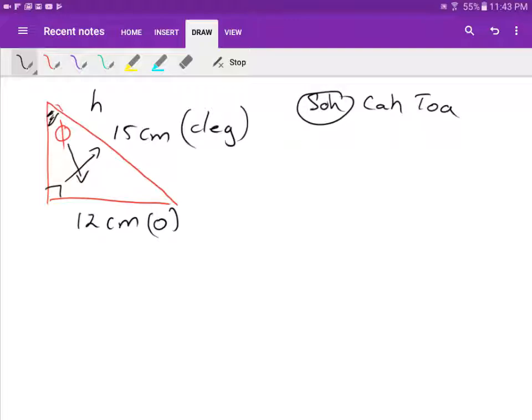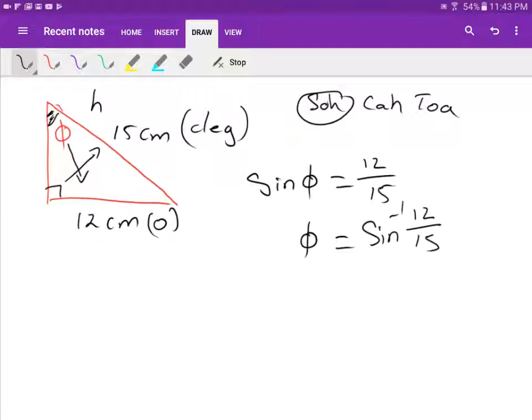Then you just follow the rule. So sine of whatever that symbol is, I write it down, equals O, O is 12, over H, H is 15. Then I want to get rid of this sine, so do inverse sine. So phi equals sine inverse of 12 over 15.